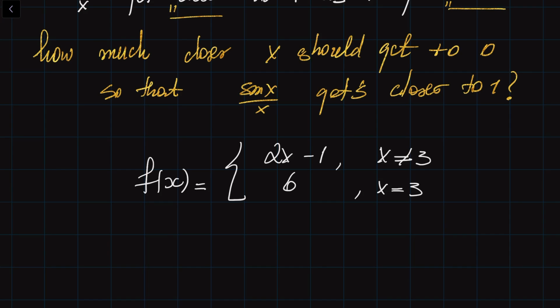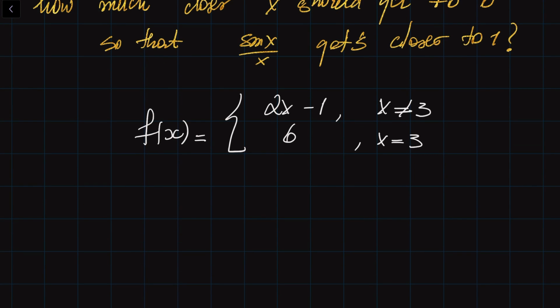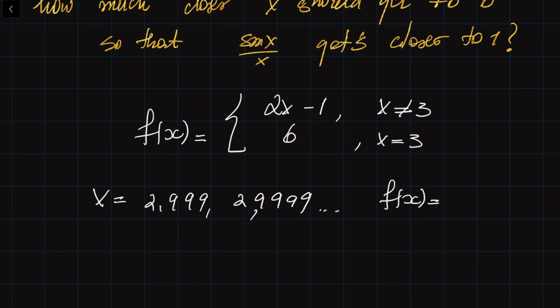So we can see here that if you take values of x close enough to 3, like 2.999, like 2.9999, and so on, the value of the function becomes very close to 5, right? And the only question is, how close should x be to 3 so that f of x is going to be close to 5 within a distance of, for example, 0.1.